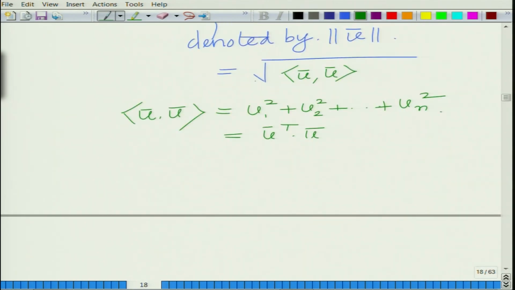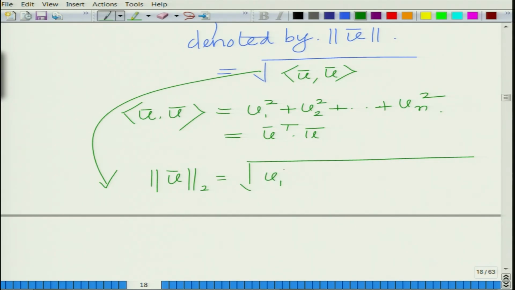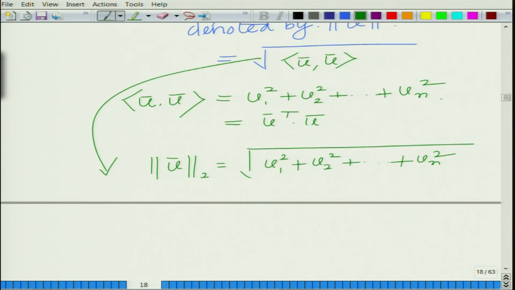And therefore, this norm of u bar, or what you also call the L2 norm of u bar, which is what we are going to use by default, is going to be the square root of u1 square plus u2 square plus un square, right.